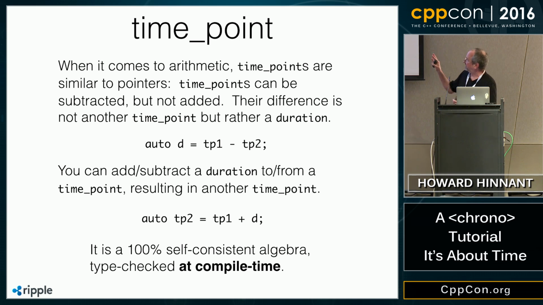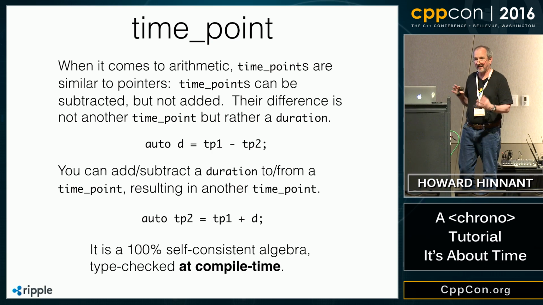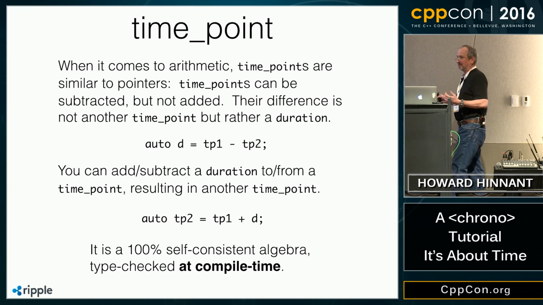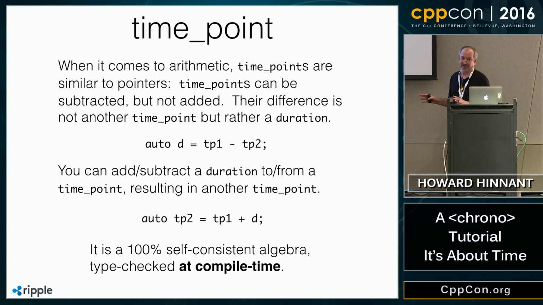And you can also add a duration to a time point, or you can say a time point minus a duration. And this is all a 100% self-consistent algebra that's checked at compile time. Again, chrono's trying to find all of your errors at compile time. If you accidentally add 2 time points, you'll get an error message. Might not be a pretty error message, I'll warn you, but it'll be an error message. It will not compile.